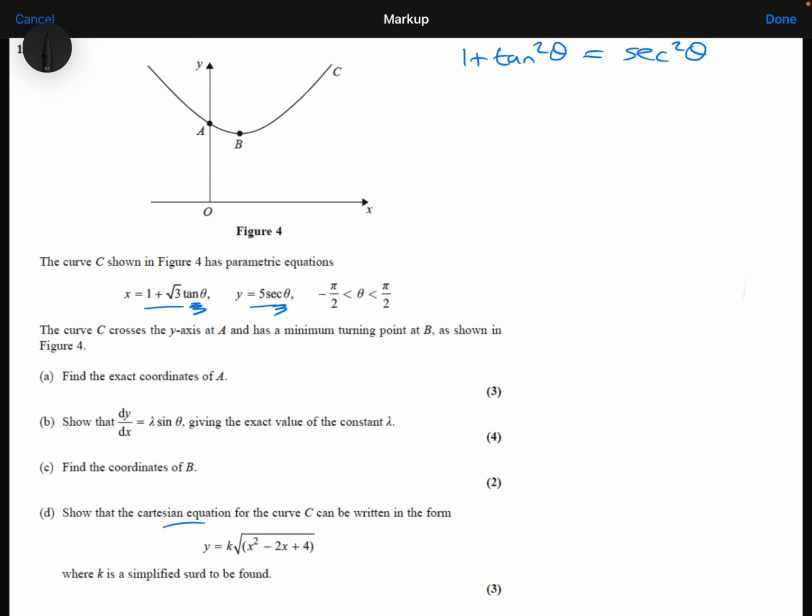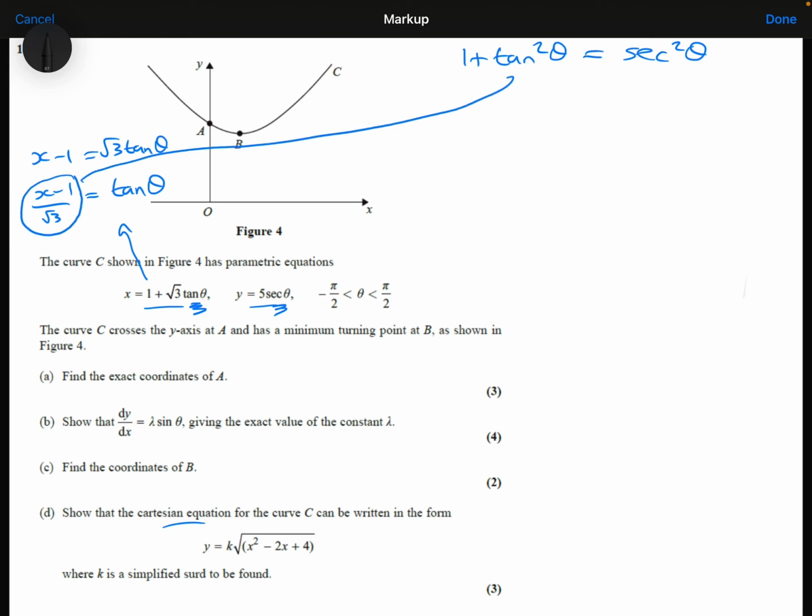That's the main identity I think about when I think about tan and sec theta. So if I make tan theta the subject of the x formula, so I'll take the 1 away, and then divide by root 3, I can then substitute this in here.